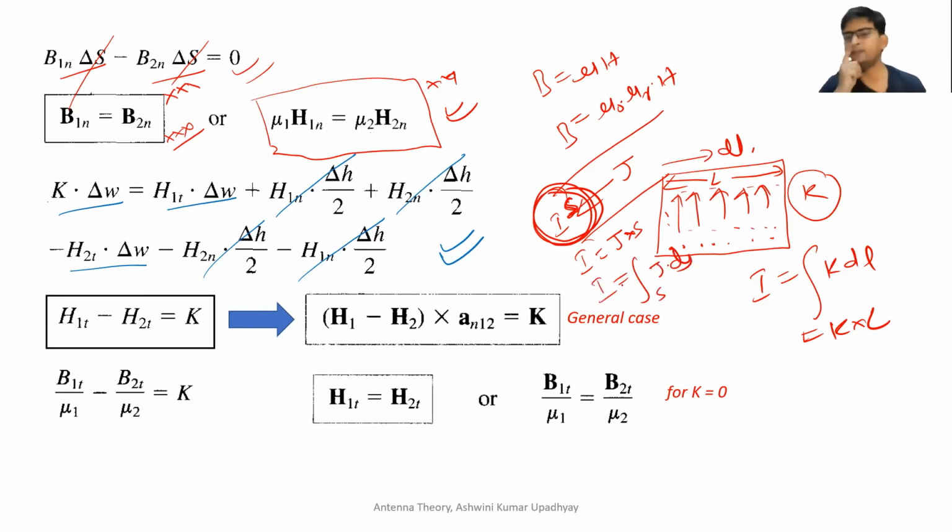So what I mean to say is that if you want to calculate the total current on a surface, you will have to take the line integral of current density. And if you want to calculate the total current inside a volume, then you will have to take the surface integral of the current density. The surface you can get by cutting a cross section across that particular volume.